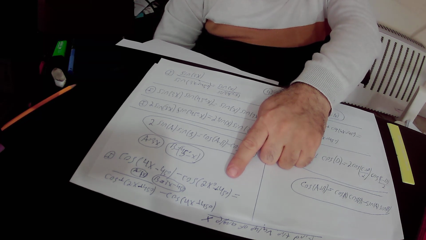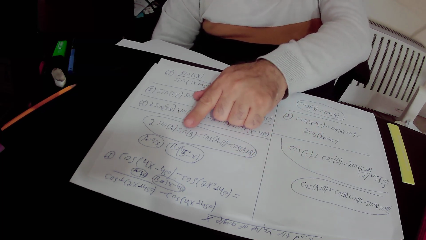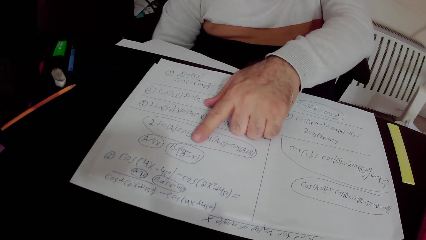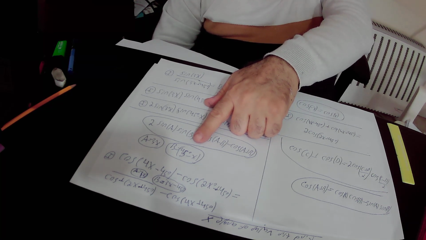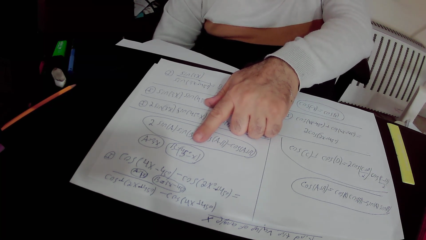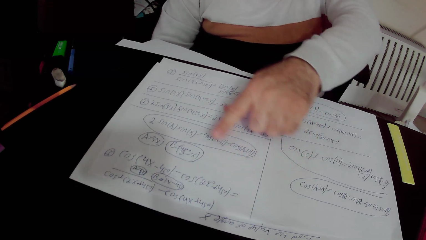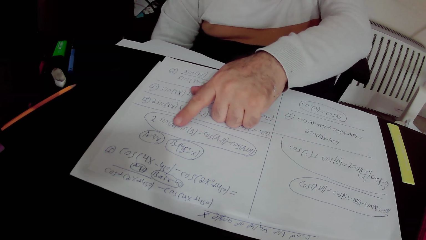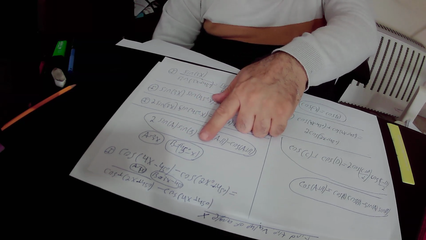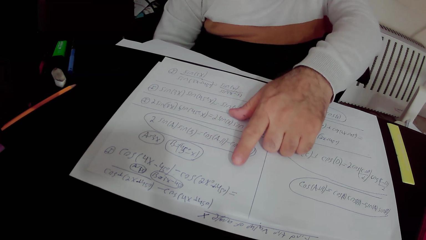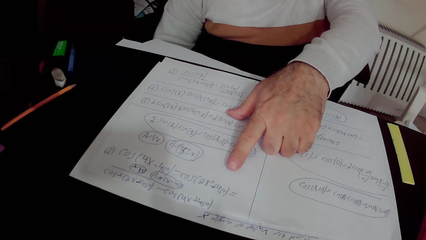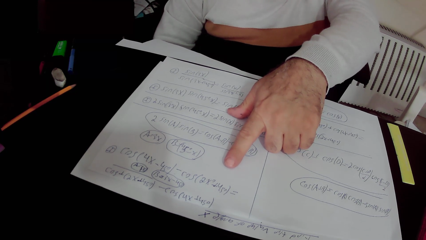We didn't touch the 45 degrees, so 45 degrees remains 45 degrees. Because A minus B is 3x minus this expression, it will be equal to minus 3x, and minus and minus is plus, so it is 2x plus 45 degrees.